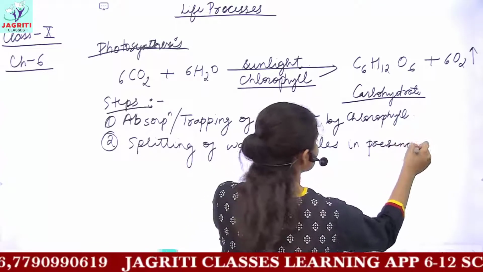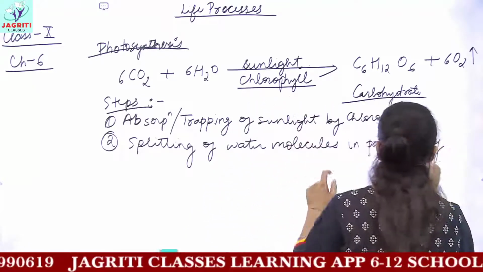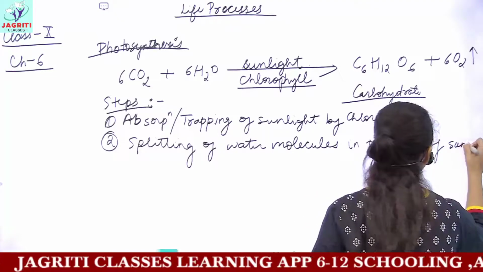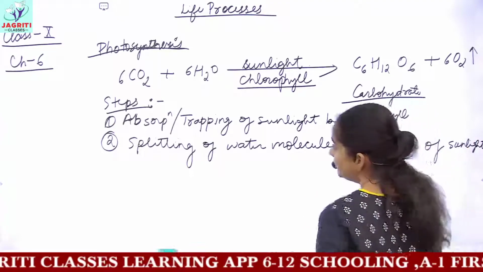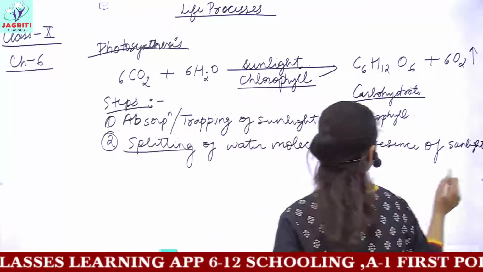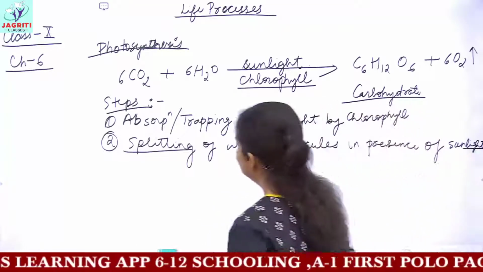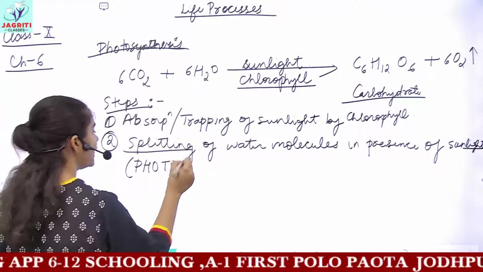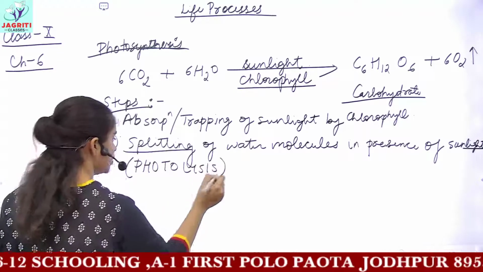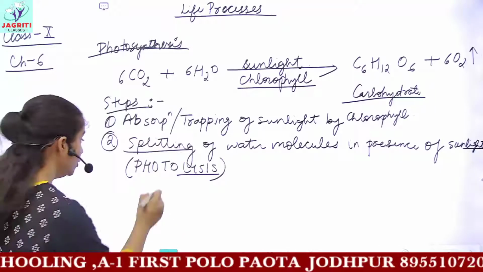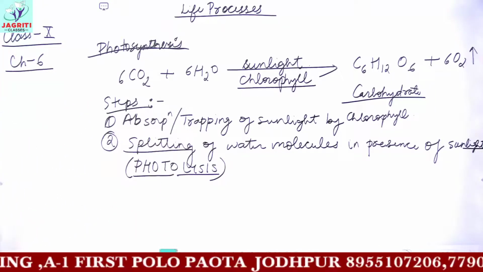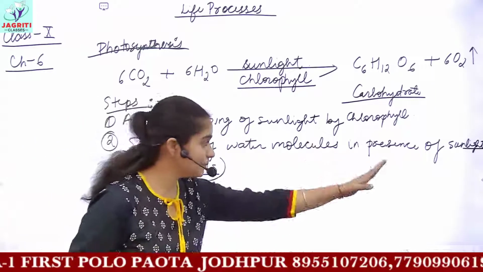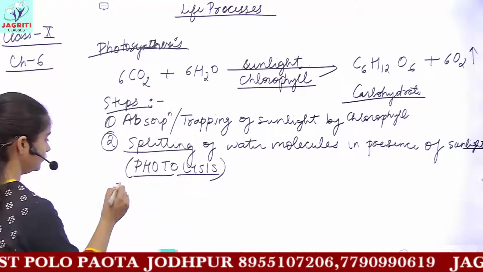That is, this sunlight which is being absorbed by the plants is used for breaking the water molecule in the presence of light, here sunlight, and this process is called photolysis. Because lysis means breaking down, photo means in the presence of light. So breaking of water molecules in the presence of sunlight, photolysis occurs.